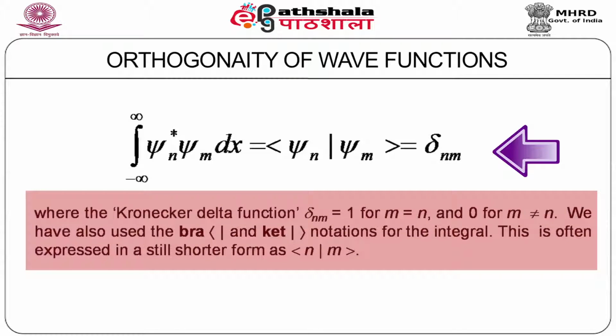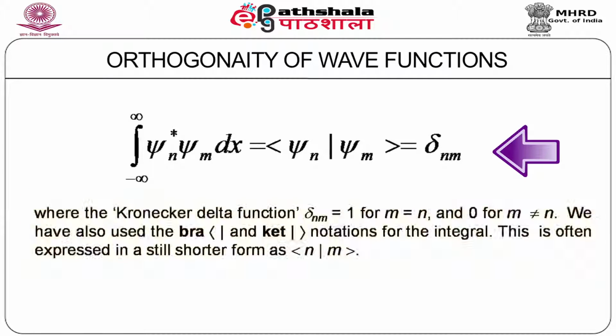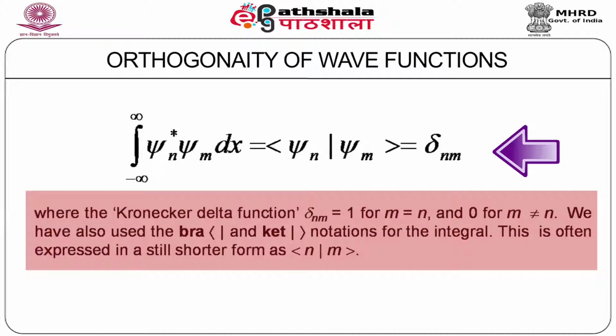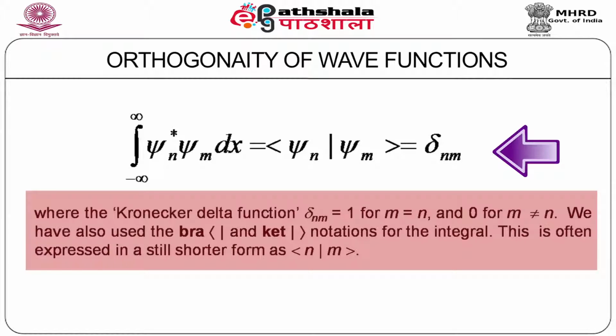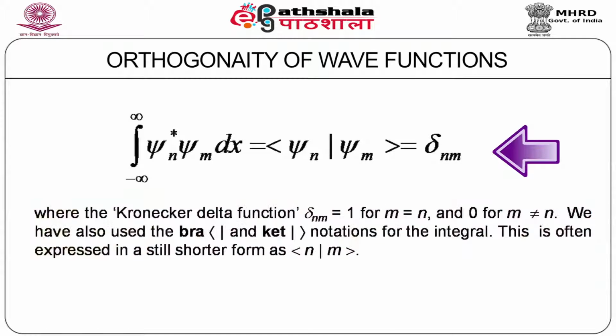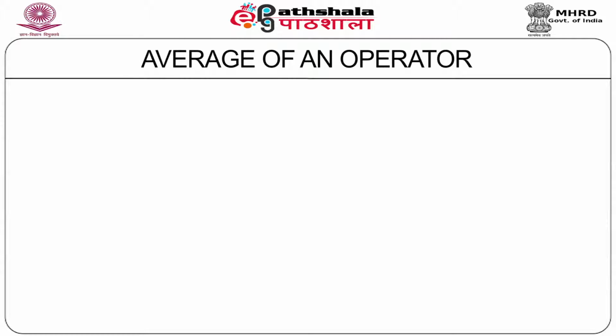If you integrate this, you get delta nm. Psi n and psi m are of course real in our case, but for the sake of generality we have assumed that they are complex, and so we have put the star on the first of these wave functions under the integral.